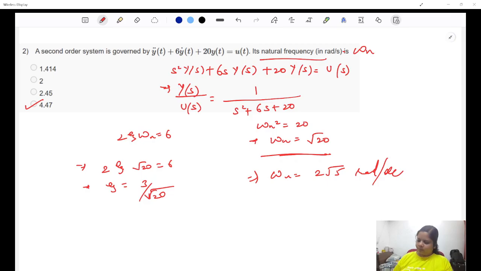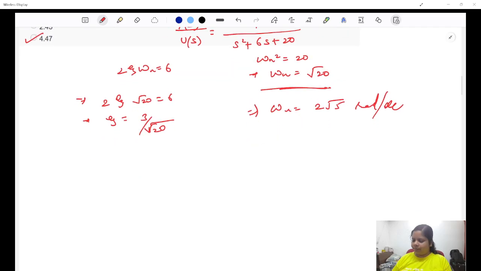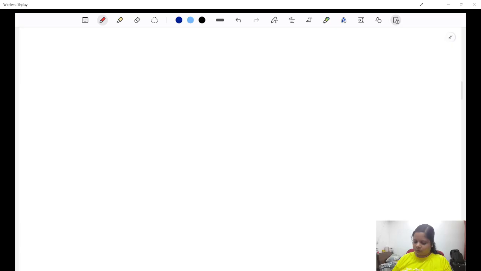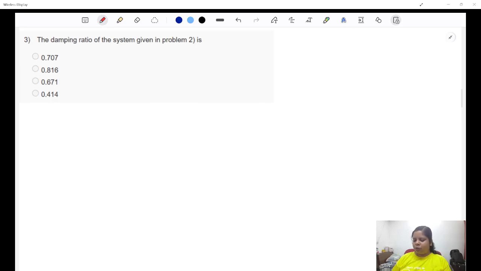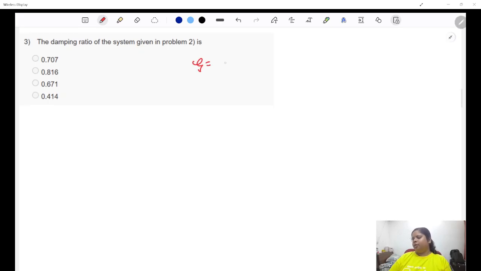Let's move to the next question. The damping ratio of the system given in problem 2 is what? We already found out, right? Zeta is 3 upon root 20, which is 3 upon 2 root 5.